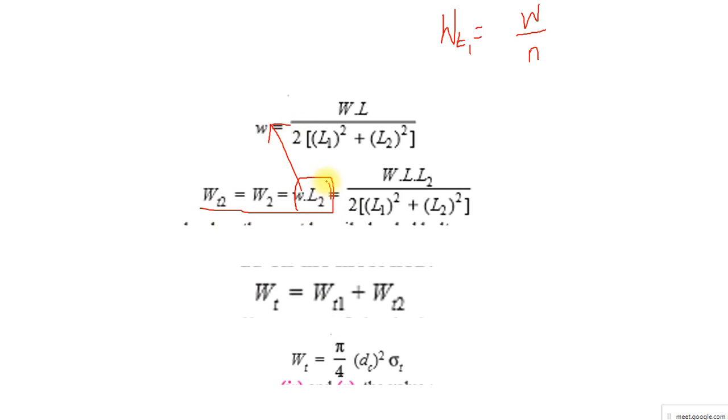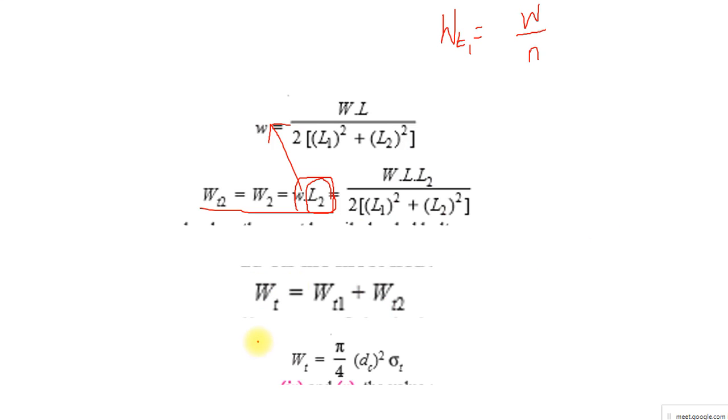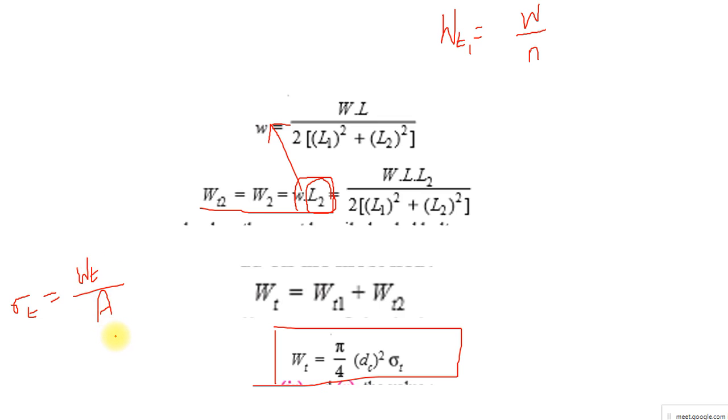The reason we multiply by L2 is that the length L2 will be bearing more load when compared to L1. This is the formula we are going to see today, and finally tensile stress is equal to total tensile load divided by the area. I can see the area of the bolt over here.